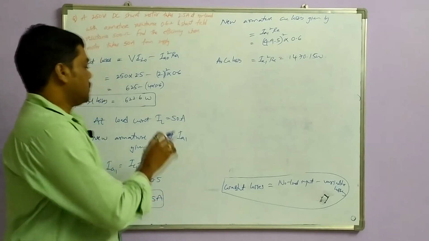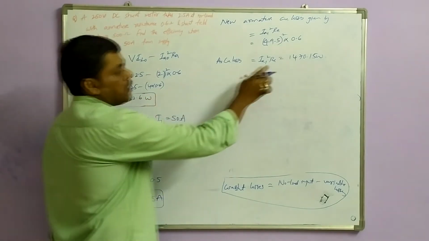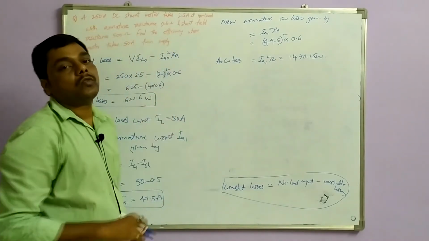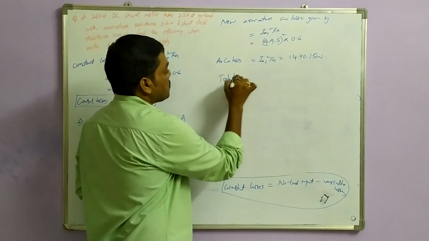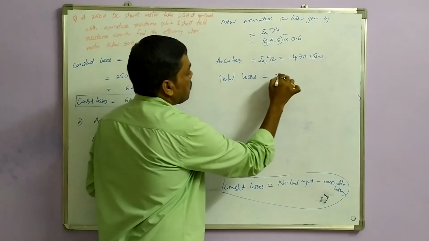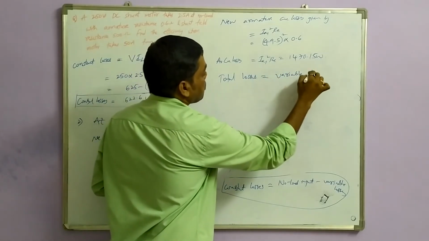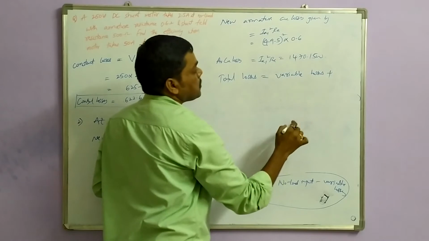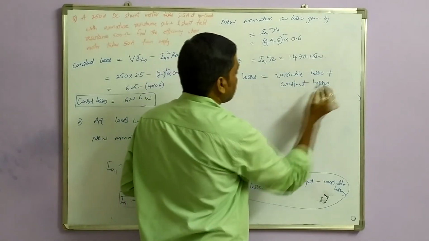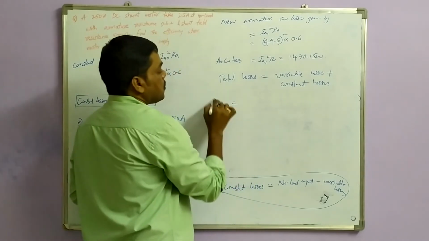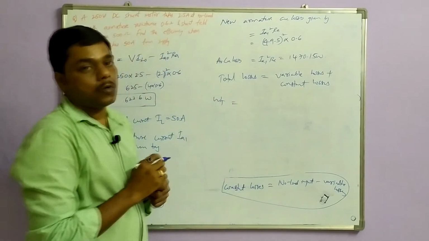Now with the constant losses and the variable losses, we will get the total losses. Now total losses is equal to variable losses plus constant losses. Let us say W to be the total losses.